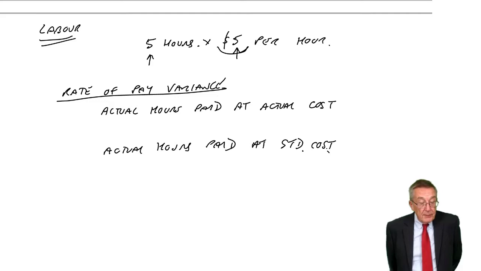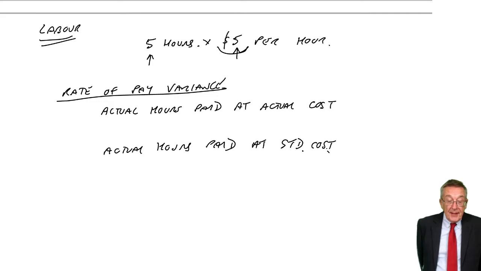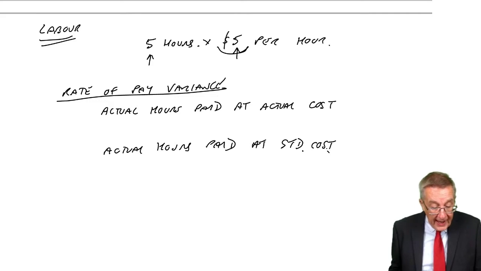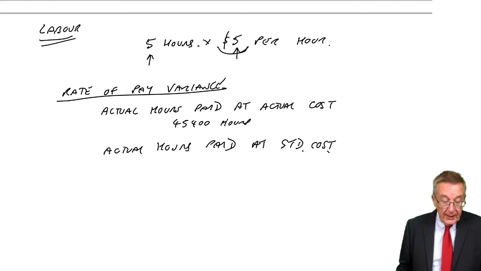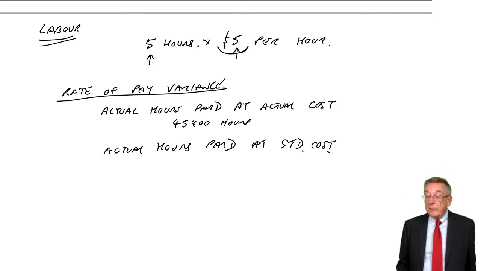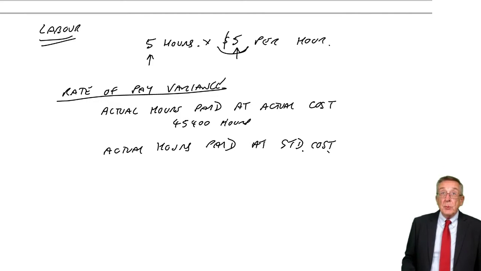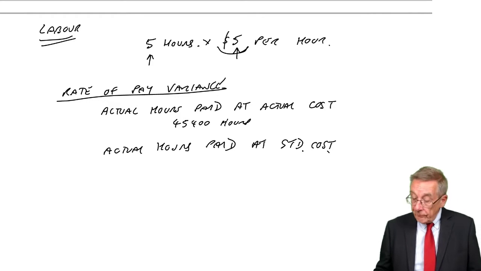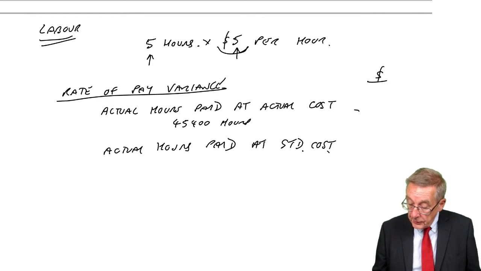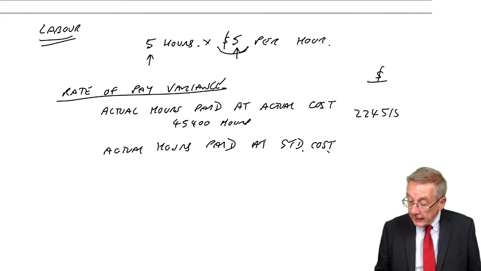Now look at the information. The actual results, it says labour, we paid 45,400 hours. If you're worried about the worked bit, be patient for a minute. But that's how many hours we paid for. And how much did we actually pay? Well, they told us how much we paid in total, 224,515.